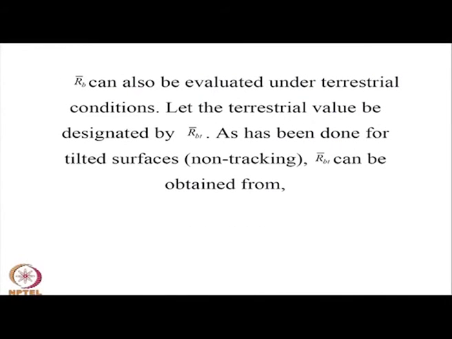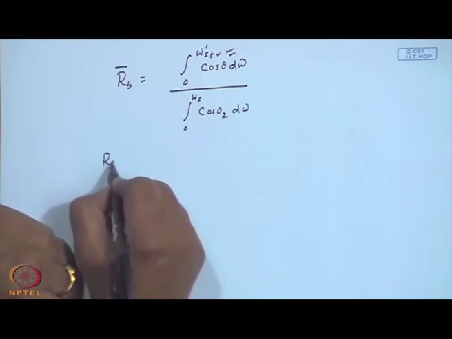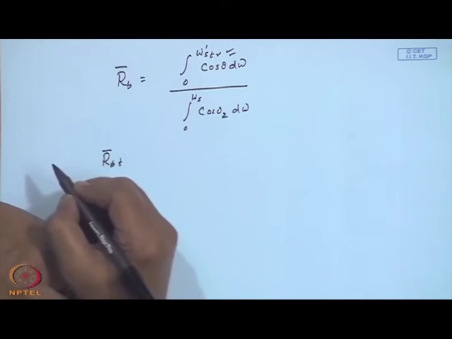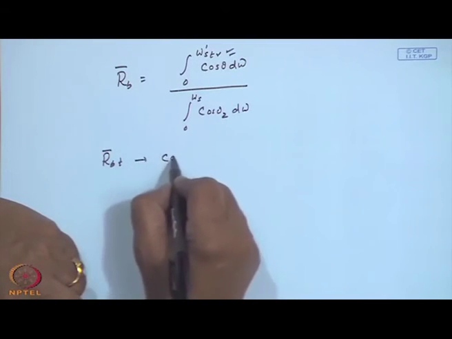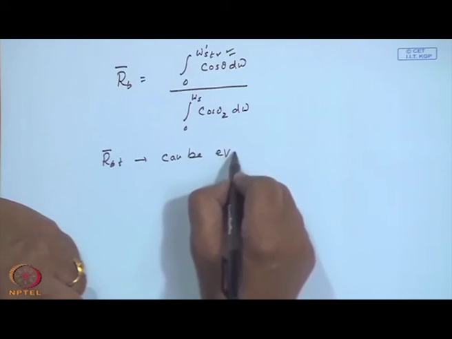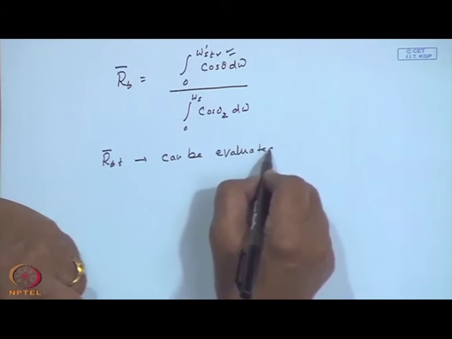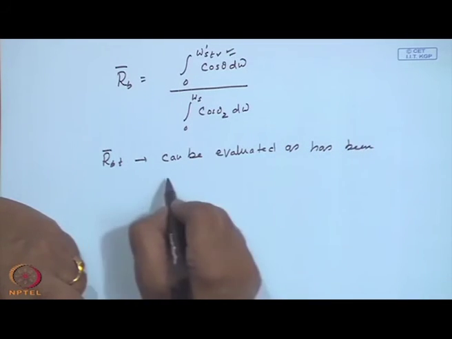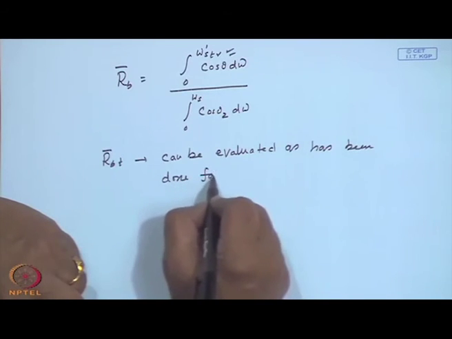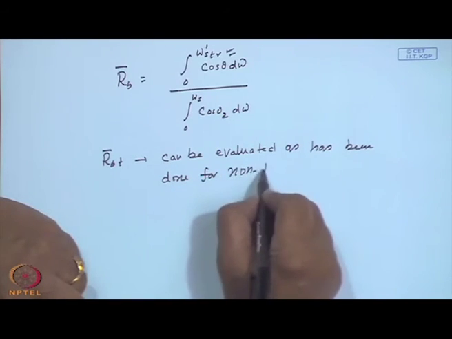Now, we have done this calculation under terrestrial conditions for fixed orientation surfaces, which we called RB bar T. Okay. It can be evaluated as has been done for non-tracking surfaces.